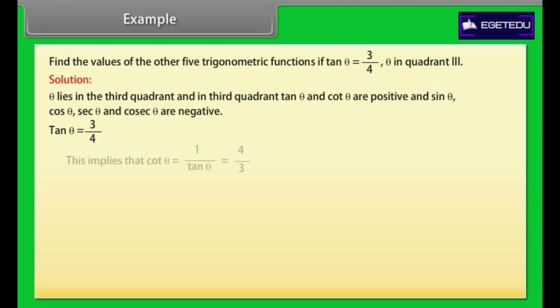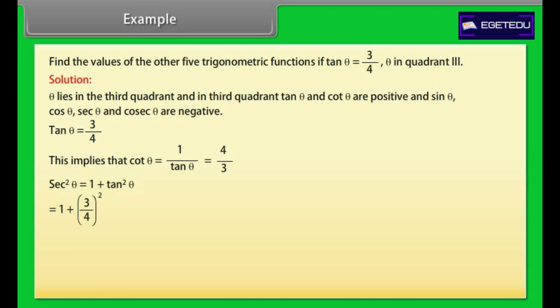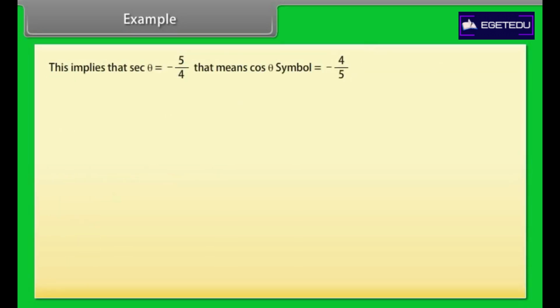This implies that cot of theta is equal to 1 by tan of theta is equal to 4 by 3. Sec square of theta is equal to 1 plus tan square of theta is equal to 1 plus (3 by 4) whole square is equal to 1 plus 9 by 16 is equal to 25 by 16. This implies that sec of theta is equal to minus 5 by 4. That means cos of theta is equal to minus 4 by 5.